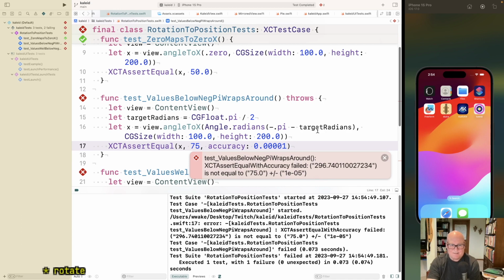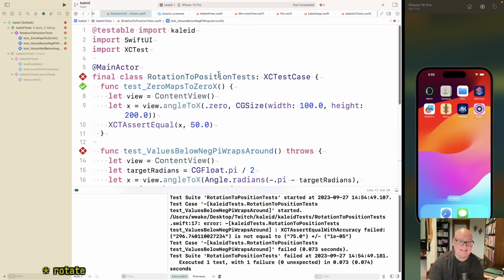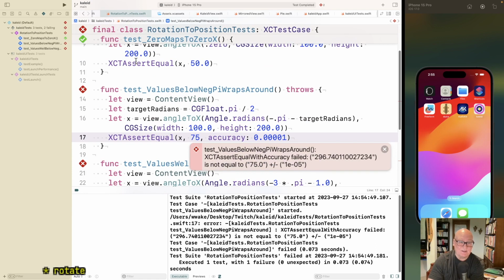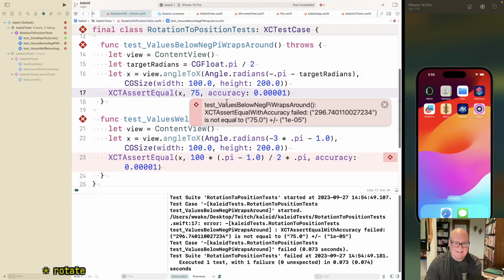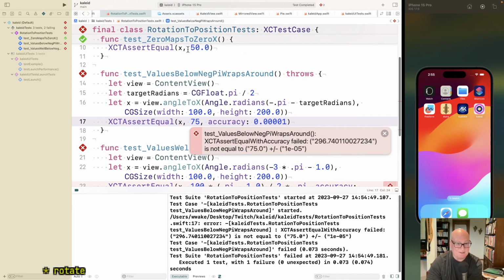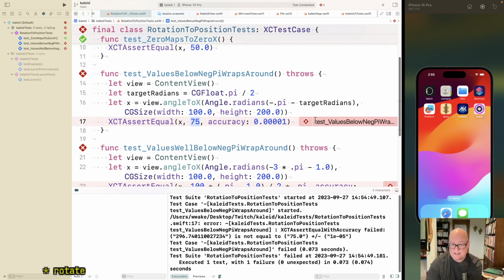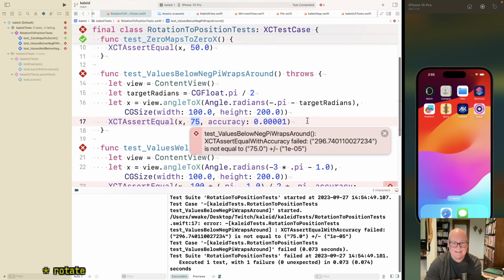Now that seems a little far off. So 0 should be 50. Pi should be 100. And pi over 2 should be 75. Now, how did I get 296? 296.7.